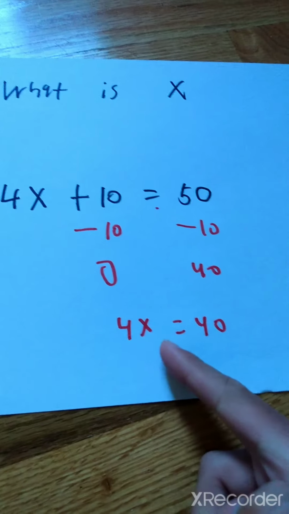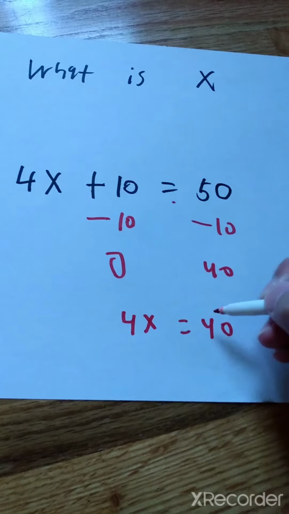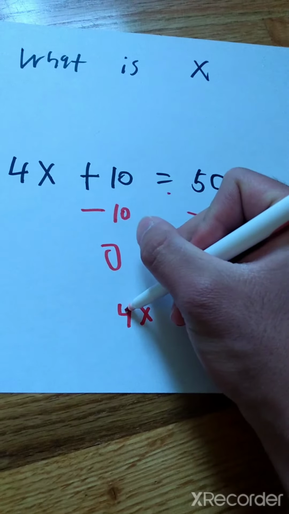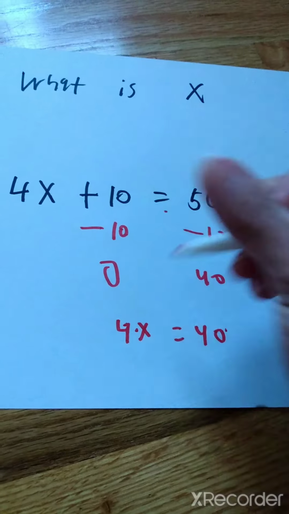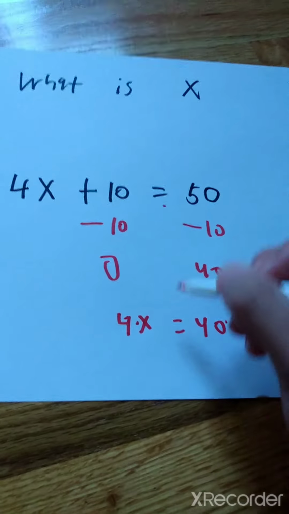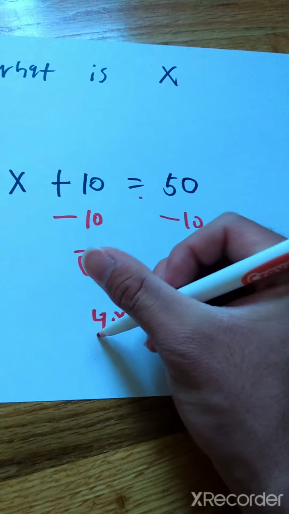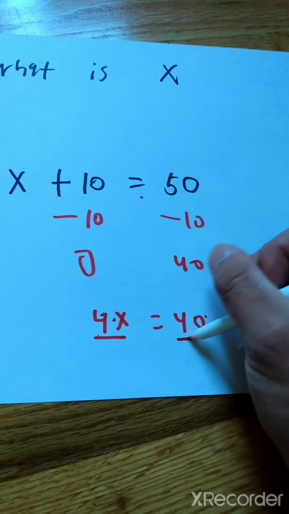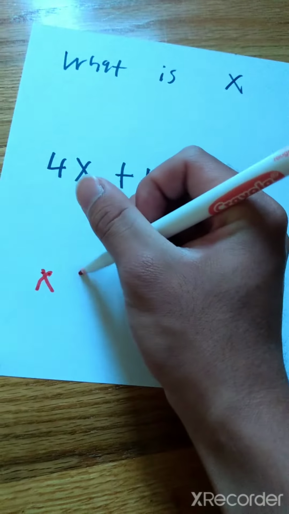So we're trying to get x alone. That is a step we just did. Then it says 4 multiplied by x equals 40. 4 multiplied by what is 40? Since the question is multiplying, what we have to do is divide, because the opposite of multiplication is division.